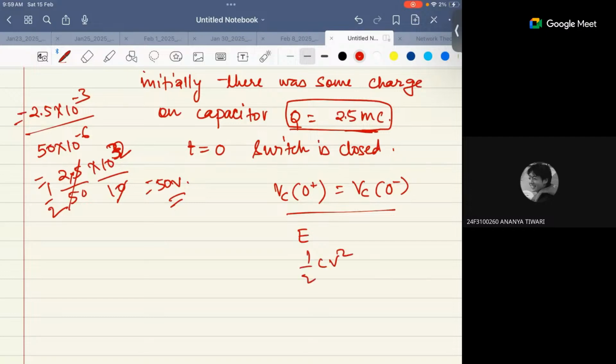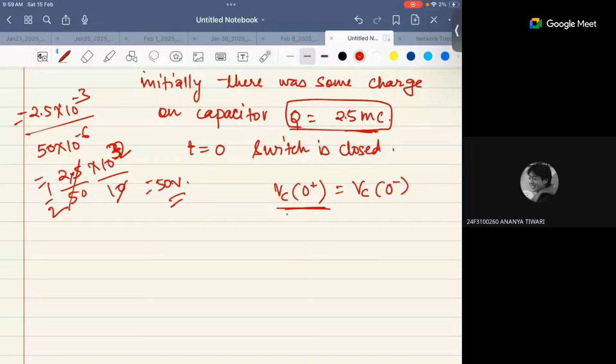So this opposes the change in energy, and so it also opposes the change in voltage. So the voltage at 0 minus and 0 plus will be the same. And for any dynamic element, an inductor or a capacitor, you need the past value. So now we have the past value, Vc(0-).